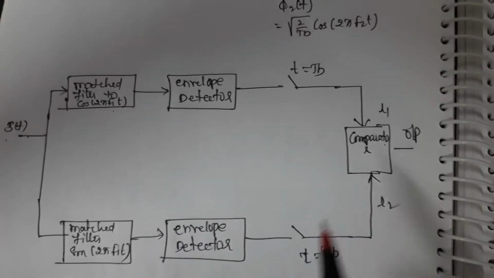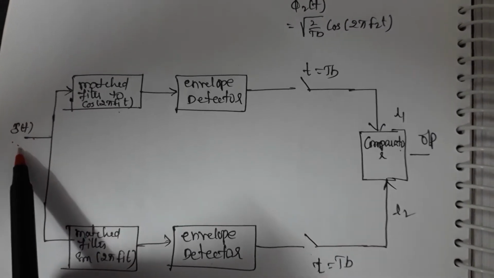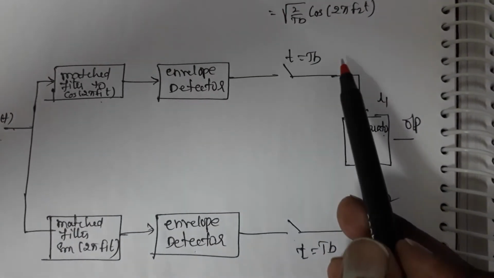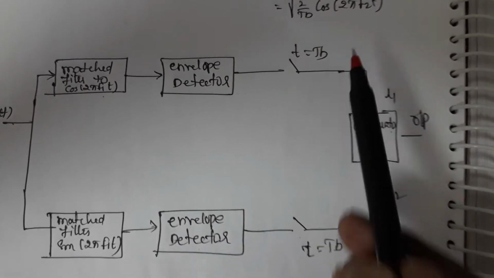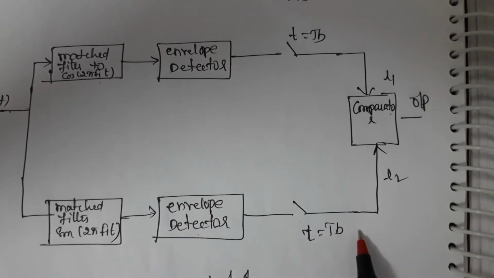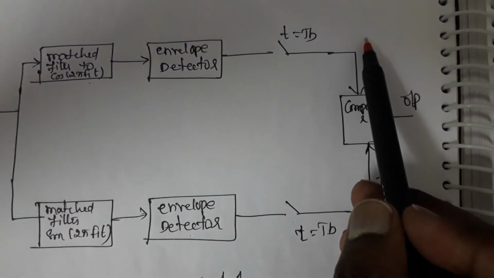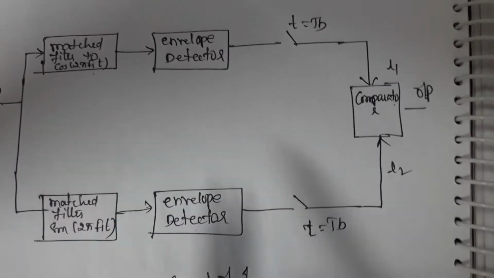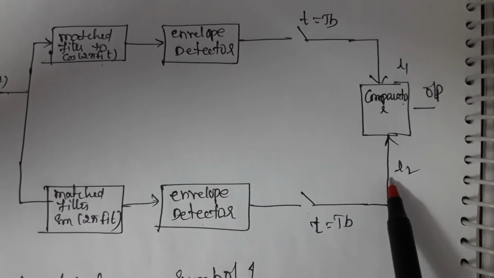If you observe properly, if the data is S1 of t, I will get some amplitude on the upper branch and 0 on the lower branch. If I get S2 of t, the upper will be 0 and the lower will have some amplitude. And I have a comparator.